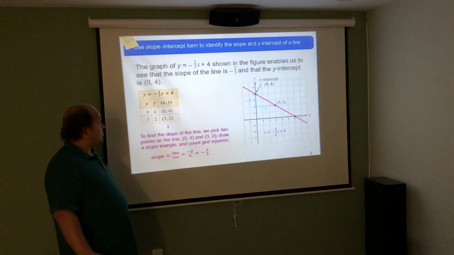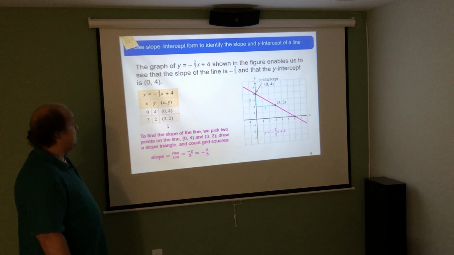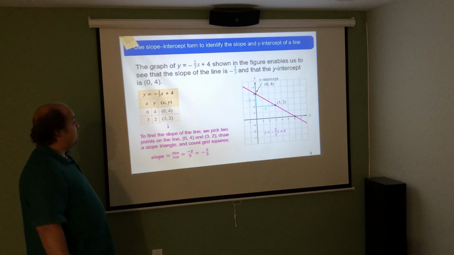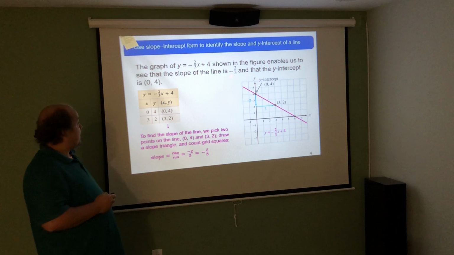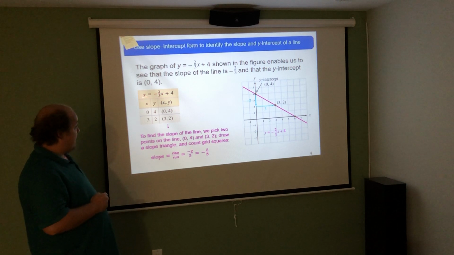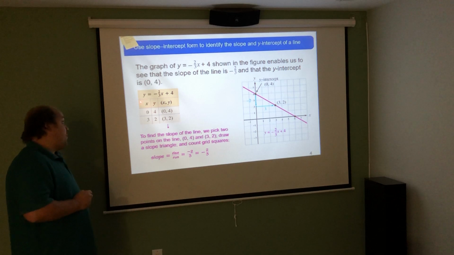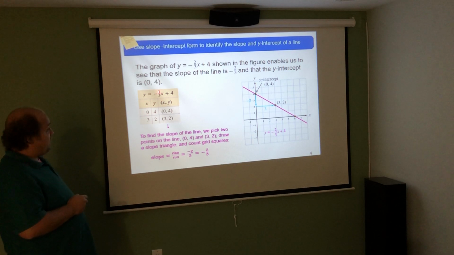So, first thing we're going to do is look at a graph. The graph of y equals negative 2/3 x plus 4 is shown in the figure, and enables us to see that the slope of the line is negative 2/3 and that the y-intercept is (0, 4). So basically they showed that if we take this line and plug in some points, they put in 0 for x, that got them 4 for y.